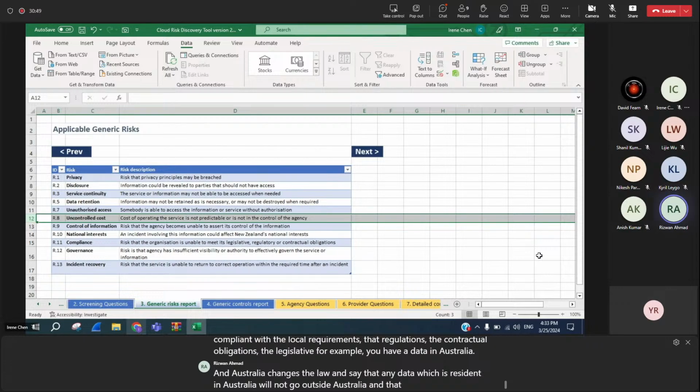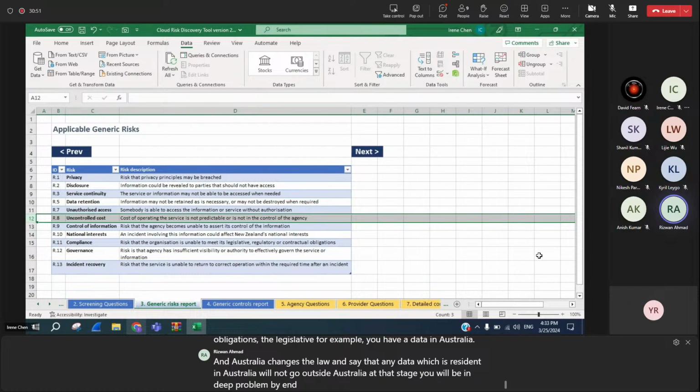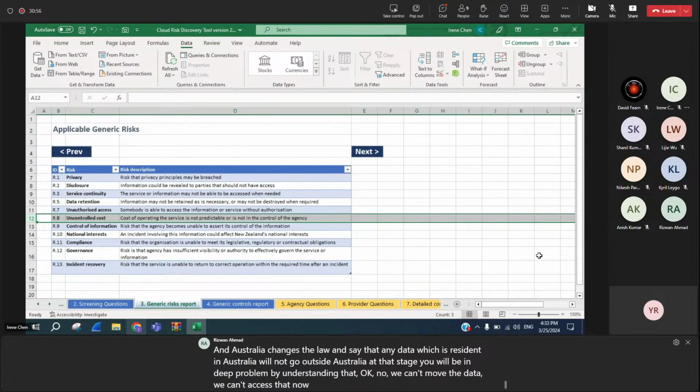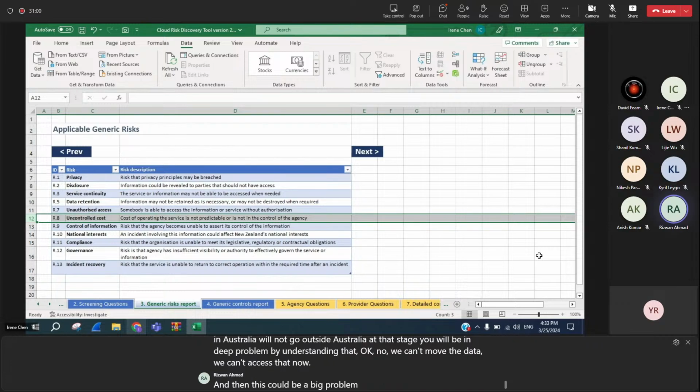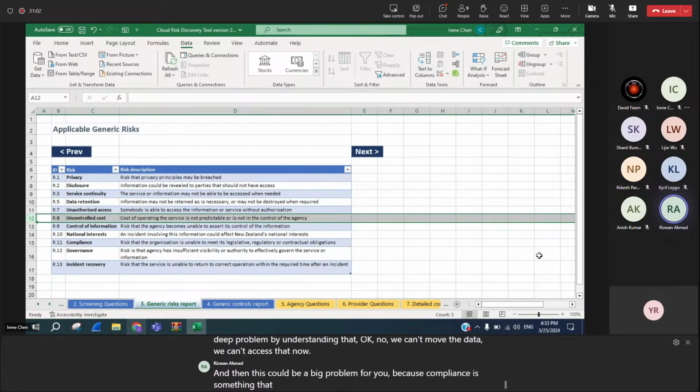At that stage, you will be in deep problem, understanding that no, we can't move the data, we can't access that now. And this could be a big problem for you, because compliance is something that you have to work around.